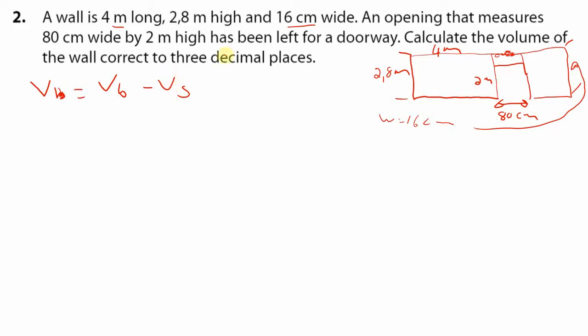Okay, so now the other thing is we need to get our units the same. So we need to either work with meters or we have to work with centimeters. We know 1 meter is equal to 100 centimeters. Okay, so let's work with meters.